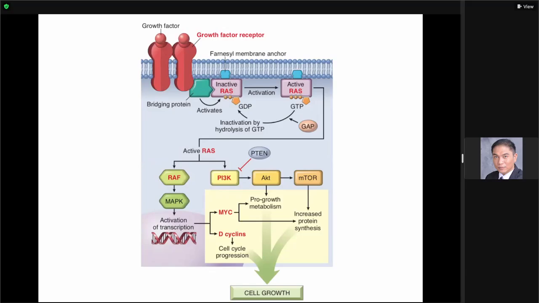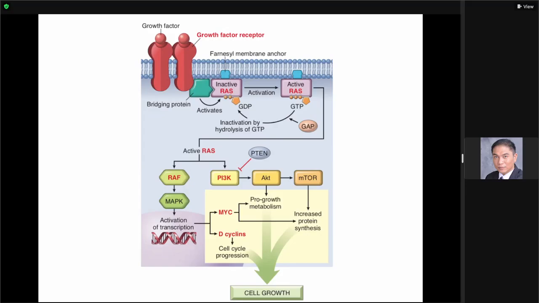So downstream, it will affect several pathways. Sa MAP kinase pathway at saka PI3K pathway. So either way, ang effect ay cell growth, cell proliferation. Because if you activate MAP kinase, it will activate MYC.